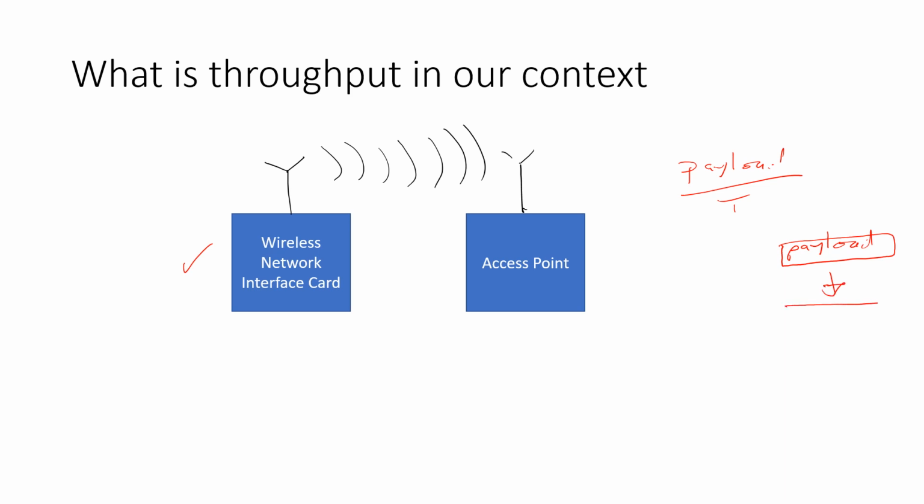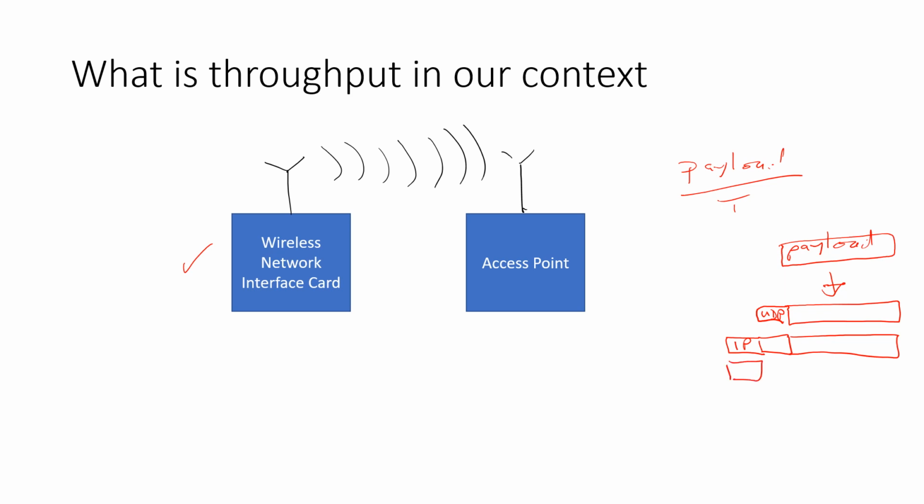At the UDP layer, we add our UDP header to that payload. The data continues to be transmitted down the network stack, and we add to that our IP header, and we're still not finished.